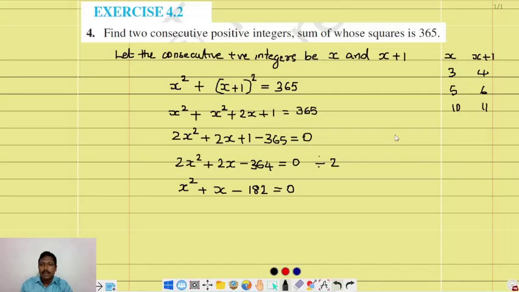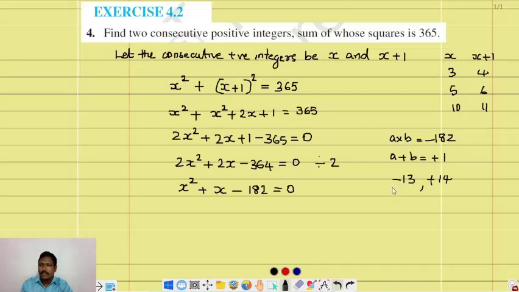Now we know the product a into b is equal to minus 182, and a plus b is equal to plus 1. So the numbers are minus 13 and plus 14. 13 into 14 will be 182, and minus 13 plus 14 will be 1.